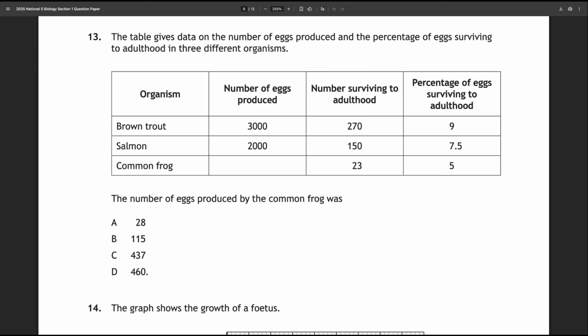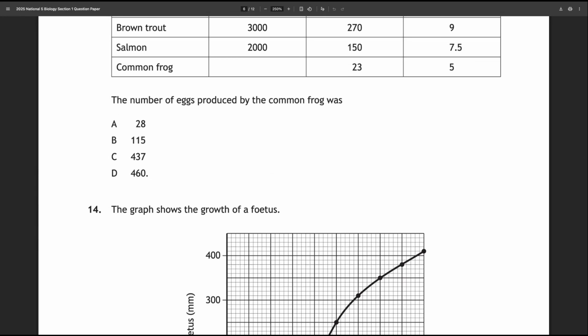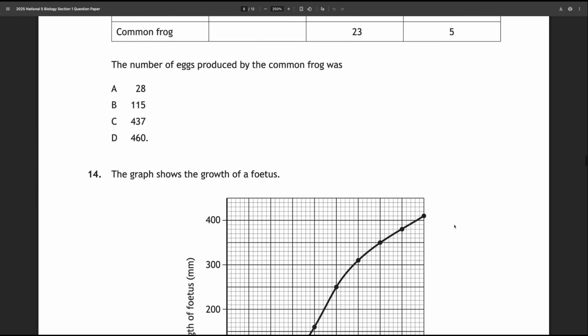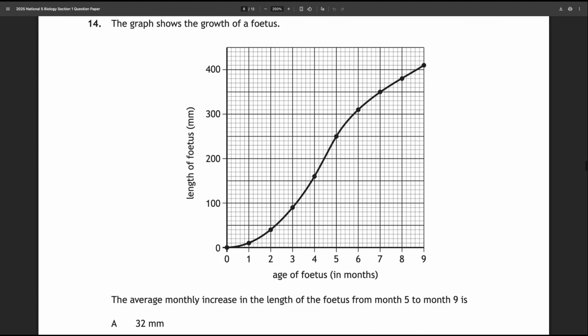Okay, so that's going to be D is the answer for this one. Okay, so 23 divided by 5 times 100, and that will give you your answer there. So it's a reverse percentage calculation. Find out what 1% is, and then if you can find out 100%, which is what the original number would be.